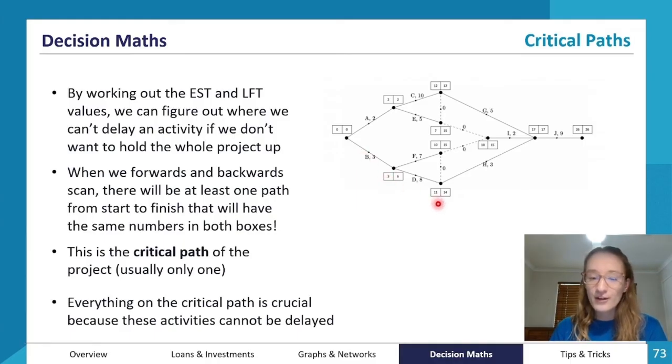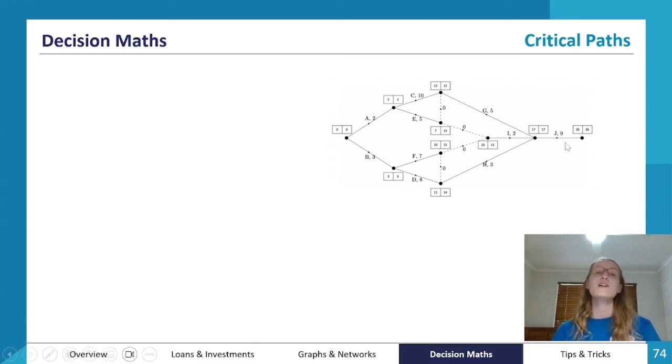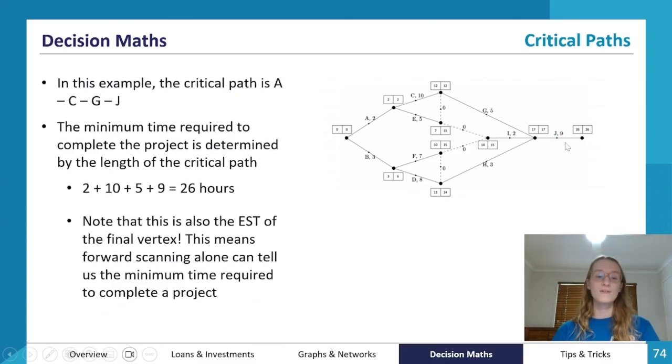And if you follow the path of numbers, of boxes where the numbers are the same, that will actually help us find the critical path, which we can see in this here is along the top. So we can see that these activities are on the critical path. So if any of these activities are delayed, then we know it's going to delay the final finish time of the project. So that's just a really brief overview.